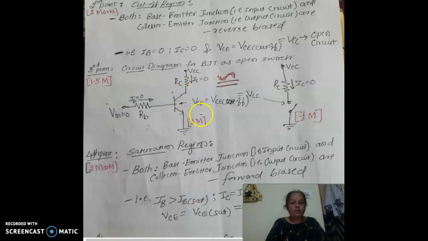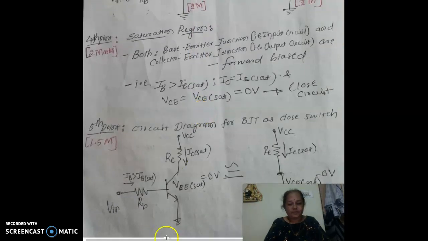So in the saturation condition, sufficient collector current flows because both junctions are forward biased. If this sufficient IC flows from this point to this point, there is no voltage drop between them. The voltage drop is 0, and if current flows here, then there is a short circuit. So the transistor operates as a short circuit switch, that is, a closed switch.